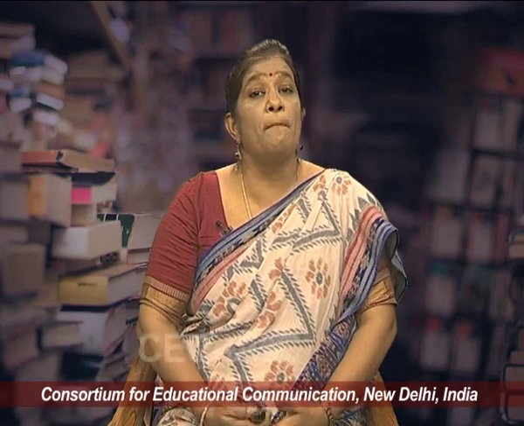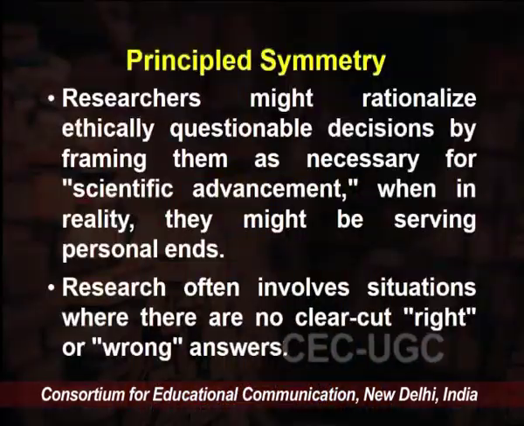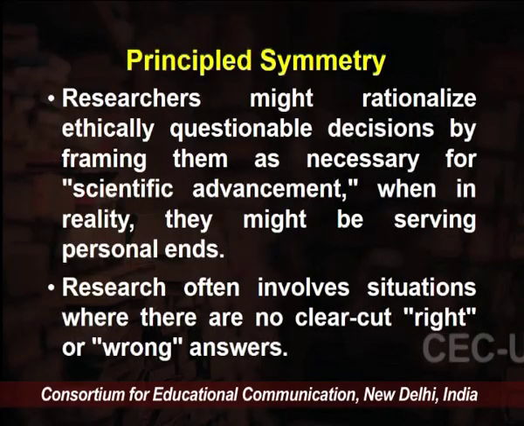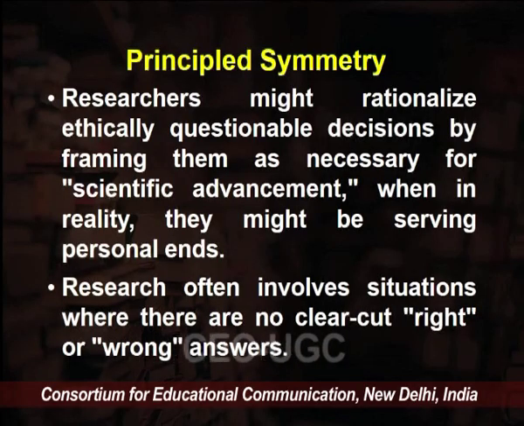Just because the objective of your research is ABC, you cannot interpret the data accordingly. A researcher might rationalize ethically questionable decisions by framing them as necessary for scientific advancement, when in reality they might be serving personal ends.